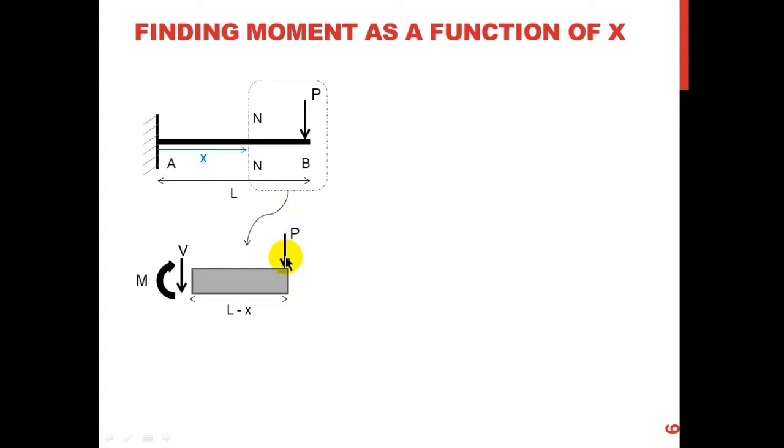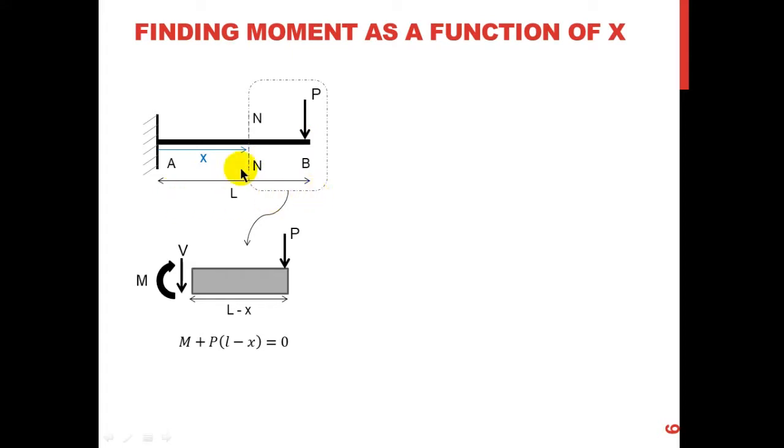So this is the P, the force applied, and for the internal forces, I'm having a moment and a shear force along the beam. The only thing to note here is that this is the origin, where we have x as 0 and y, or v, as 0. So I have to represent this distance, this chunk, as L minus x.